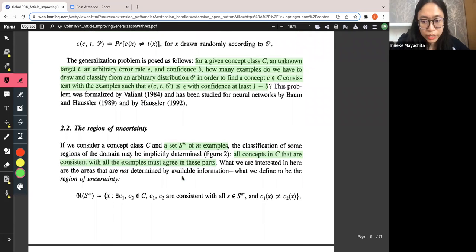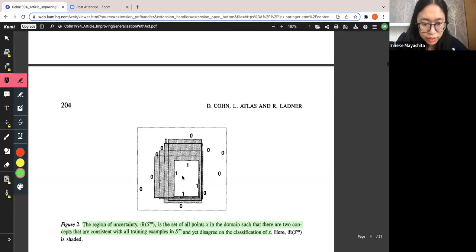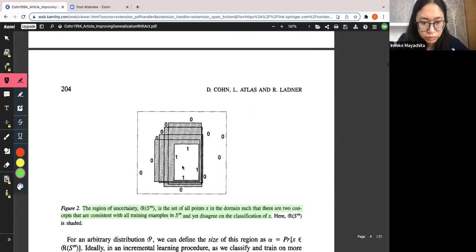And if we imagine that there are different concepts, and each concept represents a different hyperparameter or configuration of the models, then we can see in figure two that there are areas where not all of the concepts agree with each other. In these white areas, all of the concepts, meaning all of the configurations of the models, agree that the examples are classified as 0.